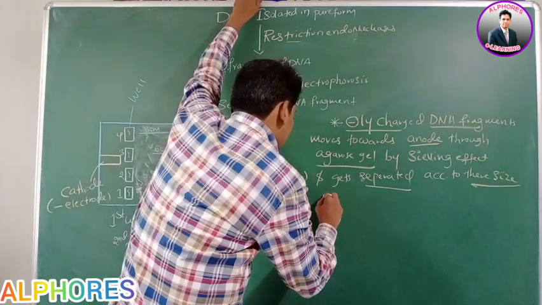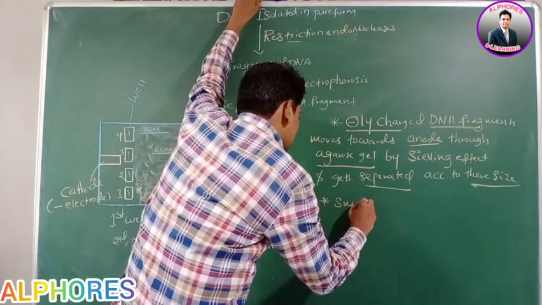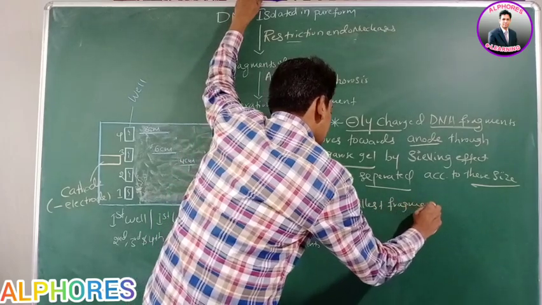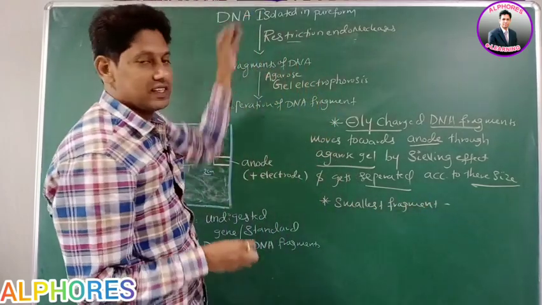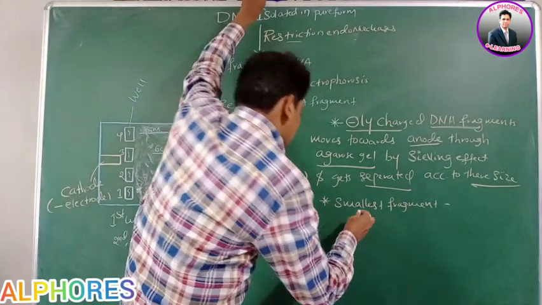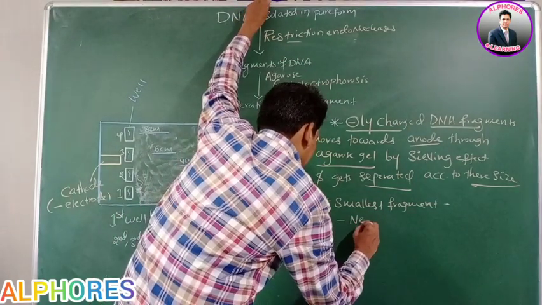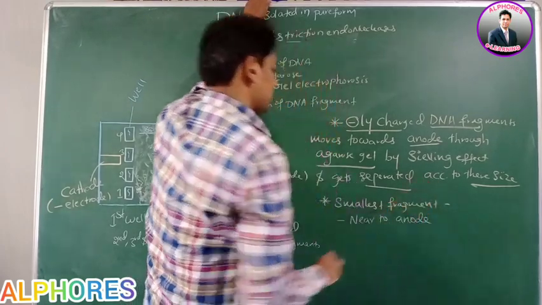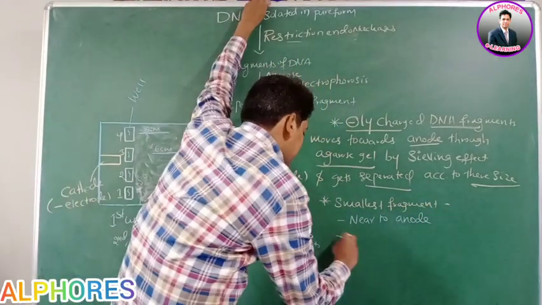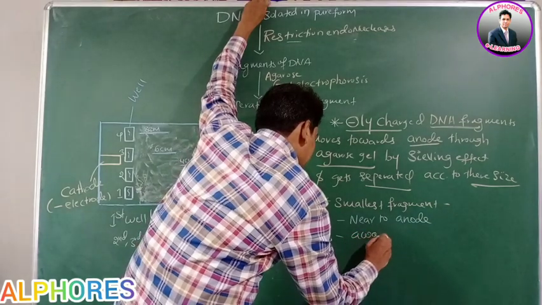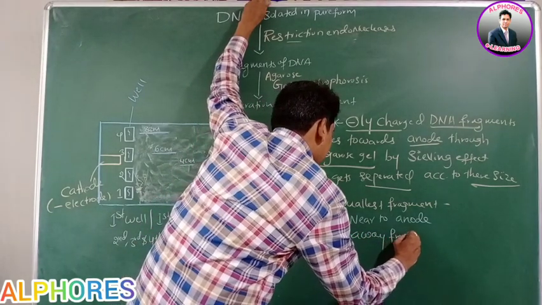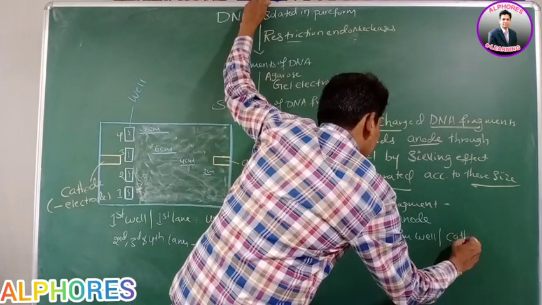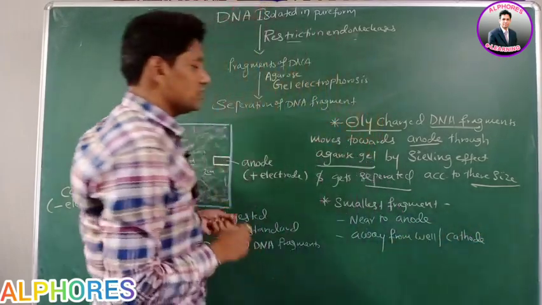Now listen to this statement. The smallest fragment is near to the anode, away from the well or away from the cathode. Is it okay?